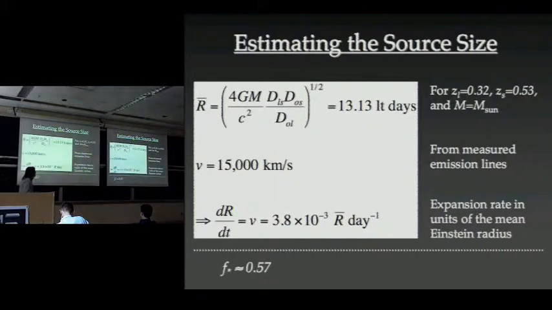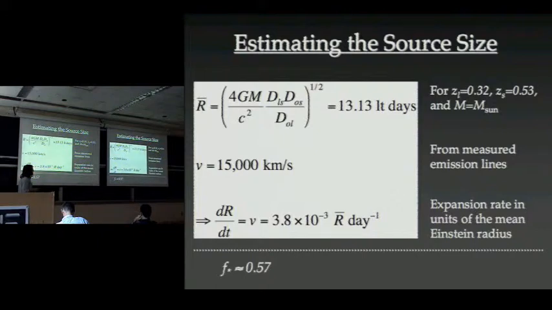So now what about the source size of the supernovae? If the photosphere of the supernova is very large in the source plane, then the stars won't matter so much. But you can work it out, and for the mean source and lens redshifts of the SLACS sample anyway, the Einstein radius of a stellar mass object is 13.13 light days, and the velocity of the photosphere of a supernova is between 10 and 15,000 or so kilometers per second from emission lines.